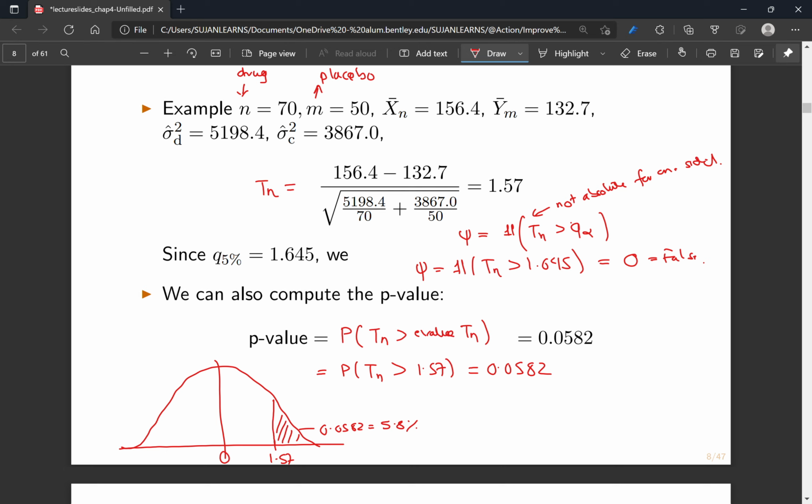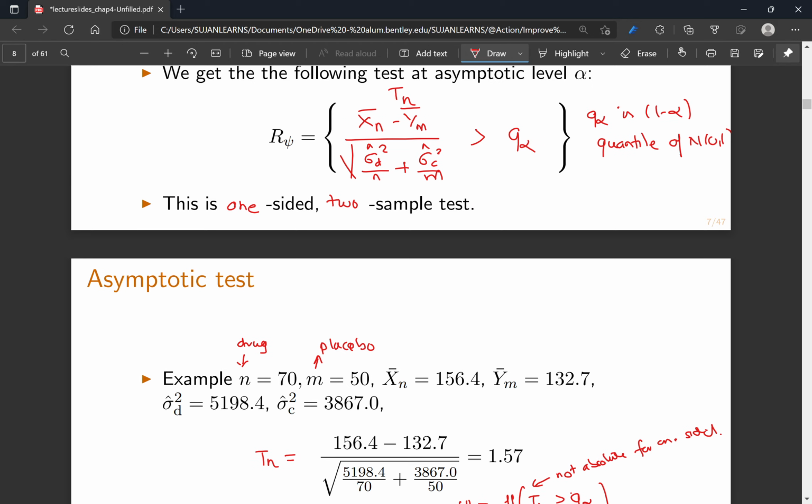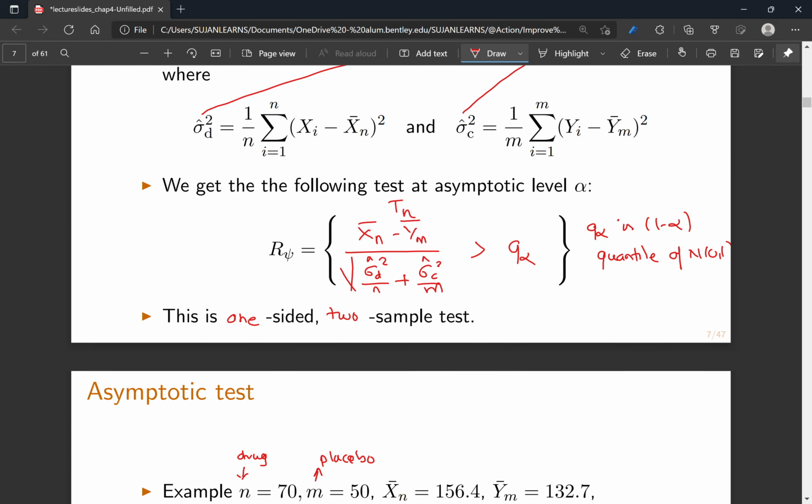In the end, let me quickly summarize what we learned today. We learned about asymptotic tests and clinical trials. We calculated the expression for the test, where we created a test under the null hypothesis by substituting delta d minus delta c equal to 0, because that's what it is under the null hypothesis. Then we calculated a test statistic for our hypothesis testing.